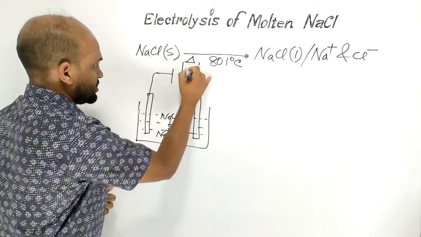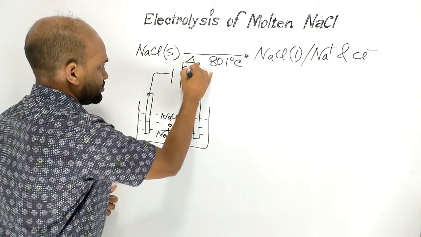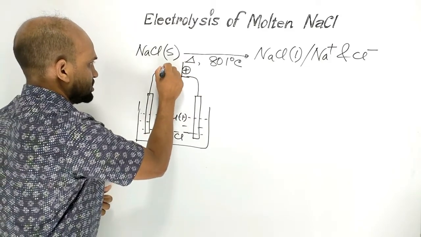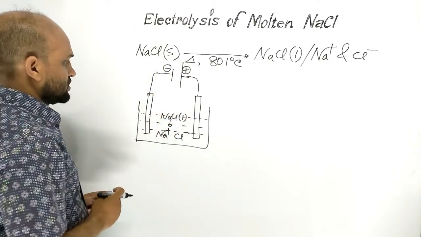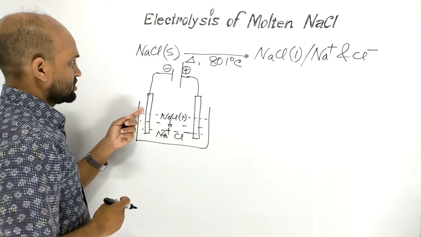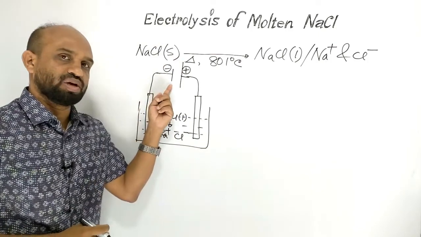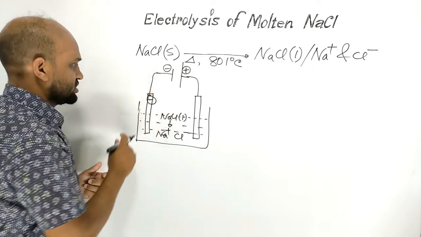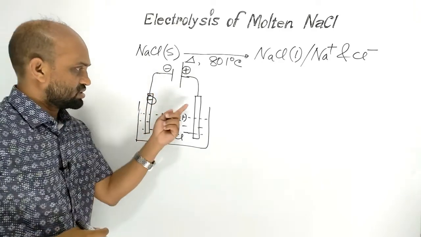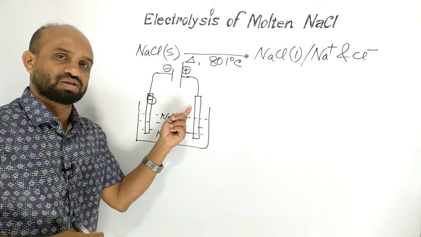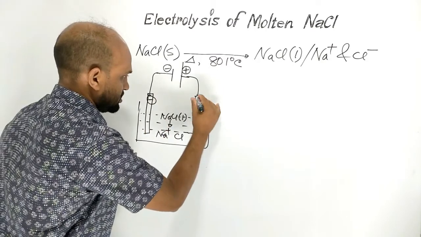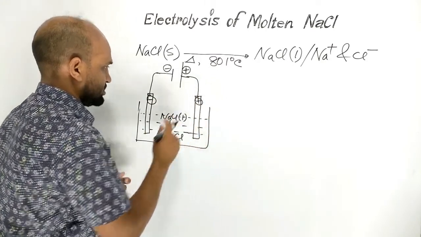The long bar indicates the positive end of the cell. The short bar indicates the negative end of the cell. This electrode is connected to the negative end of the cell, that is why it is negatively charged, and this electrode is connected to the positive end of the cell, that is why it is positively charged.